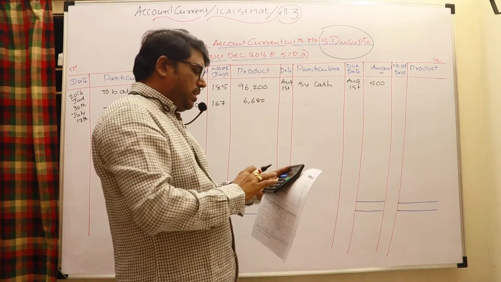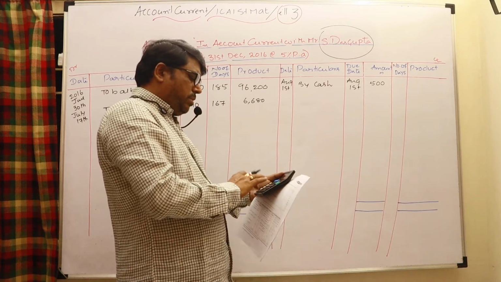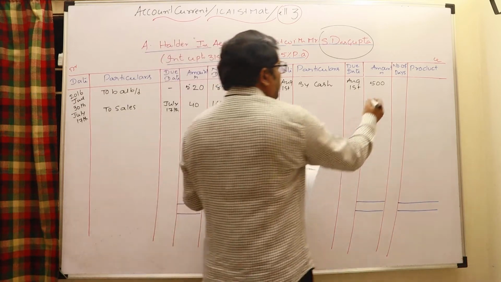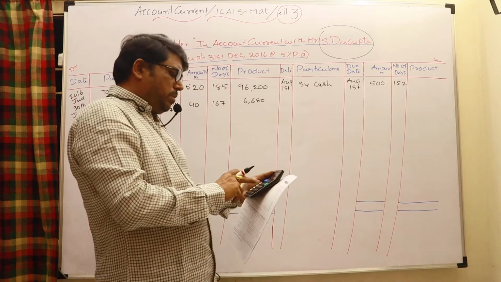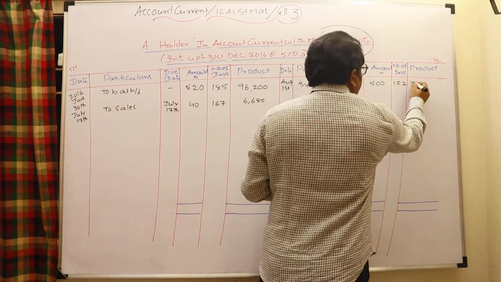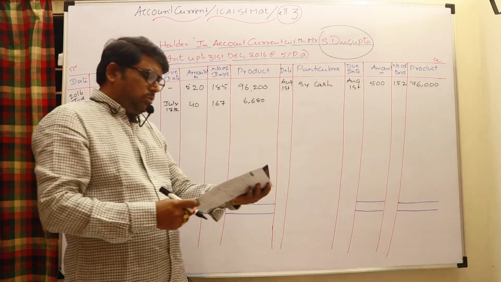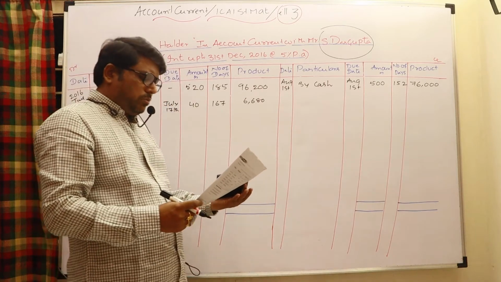In August, 30 days remain, then September, October, November, December, making 152 days. The product of 152 multiplied by 500 is 76,000.